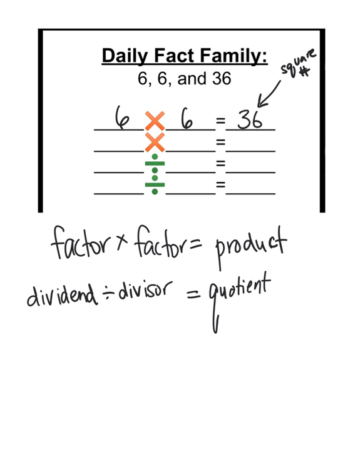So 36 is a square number because 6 and 6 are the same factor. And then we can take our dividend, 36, and divide it into 6 groups with 6 in each group. And since we have the same factor 2 times, it's kind of just more of the same.